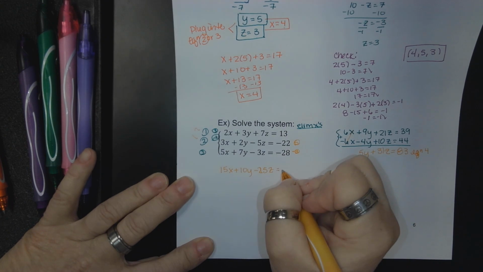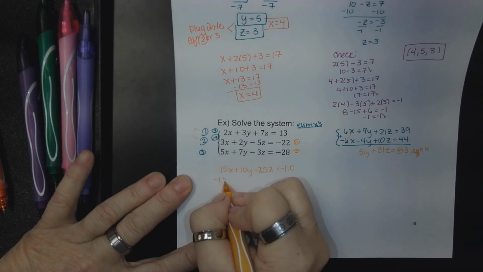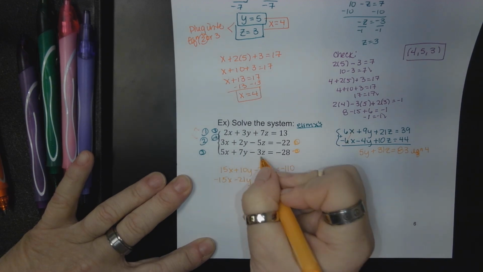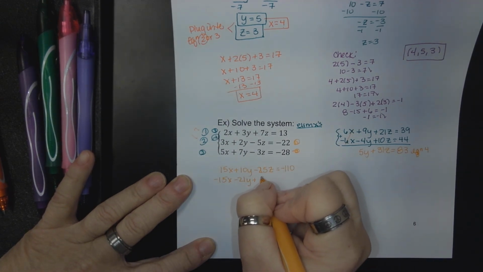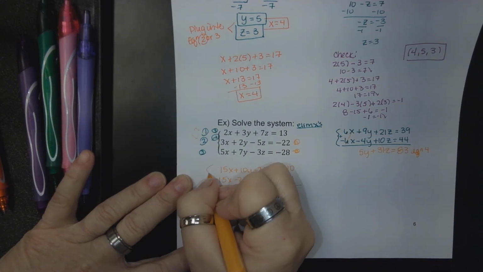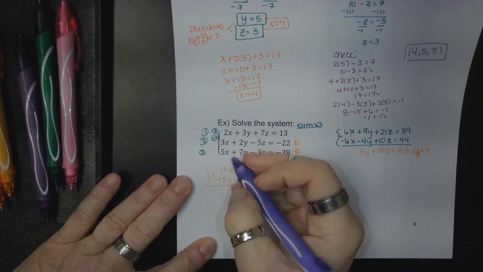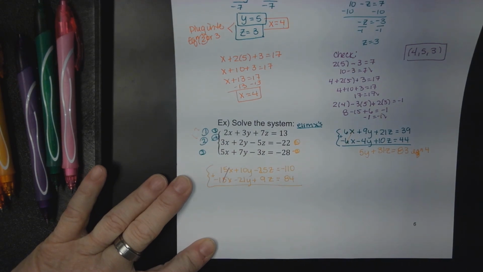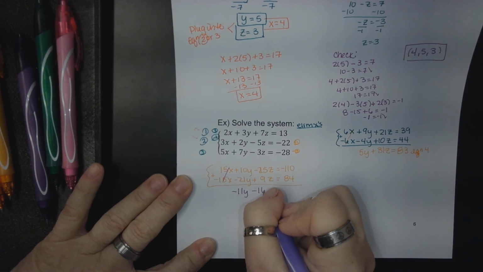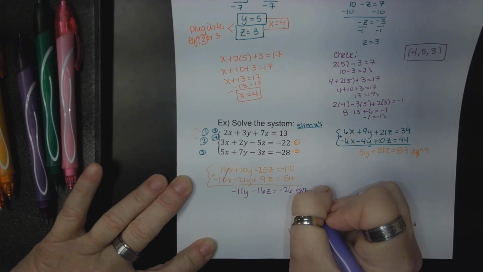Z equals. And then negative 3 gave me negative 15x minus 21y plus 9z equals 84. Now these cancel. I have a negative 11y minus 16z equals a negative 26. And this is my equation 5.